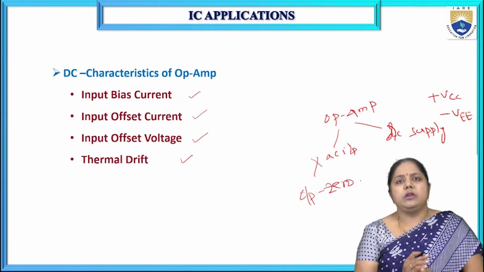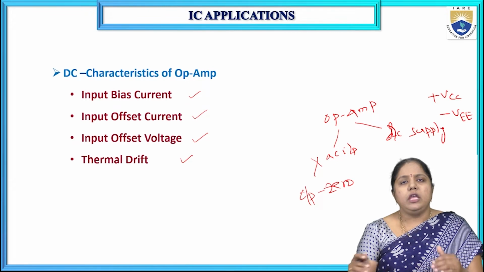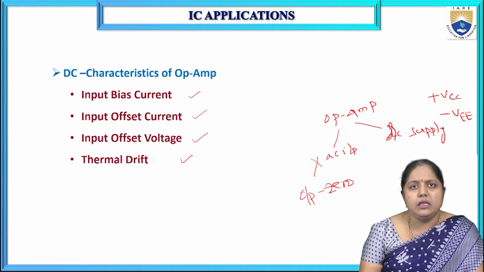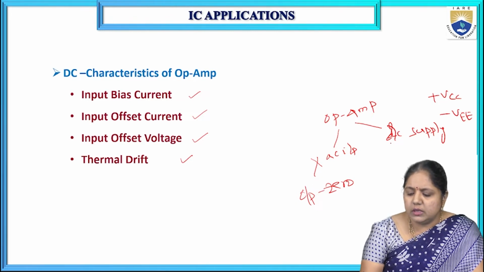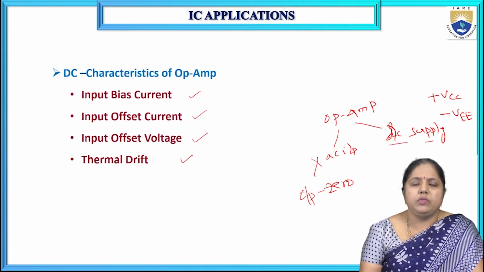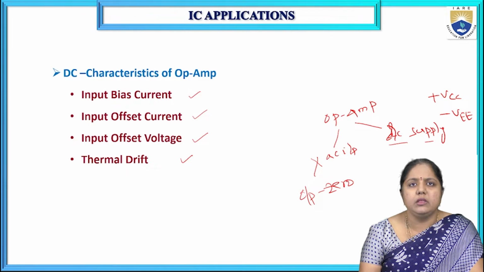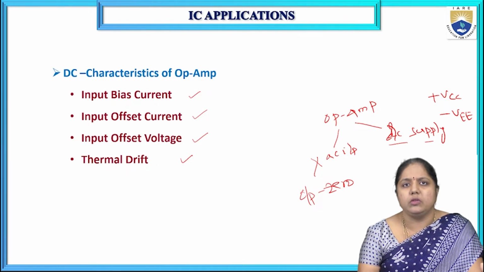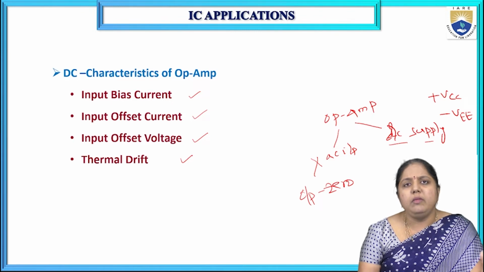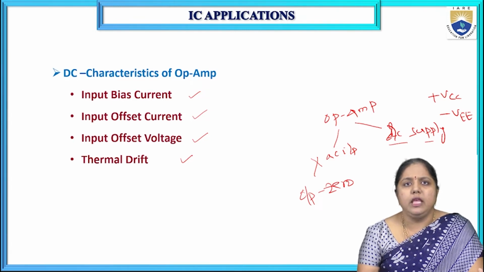But here, due to the DC supply voltages, even if I am not giving any AC input signal, I will get some output voltage. Whatever that output voltage is, it is the erroneous voltage.